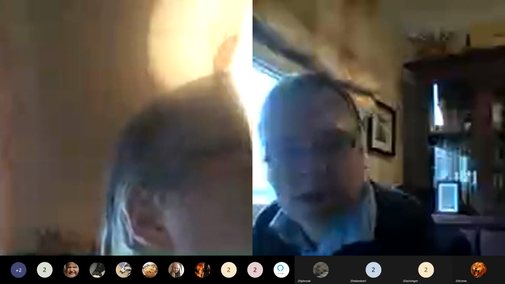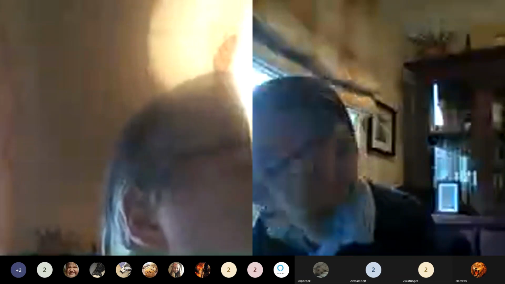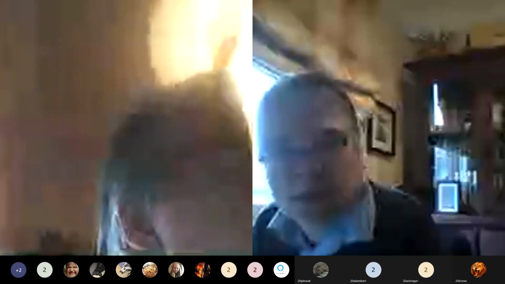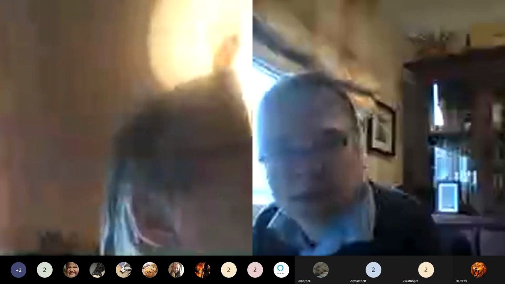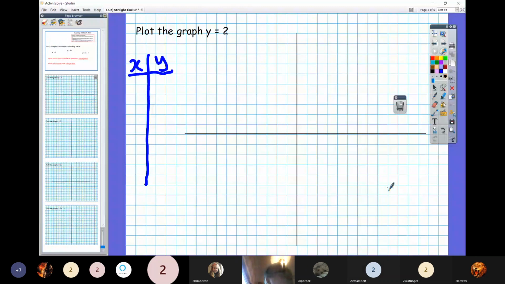Can somebody just give me a wave if you can see it saying plot the graph y equals 2? It's black still. So it might be that we have to do this painfully slow way, guys.